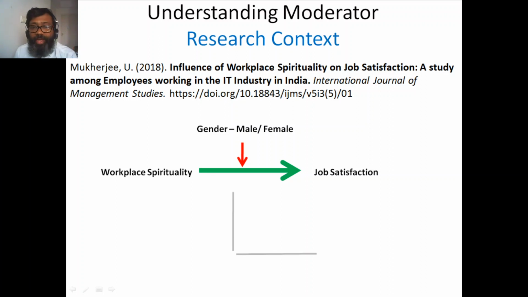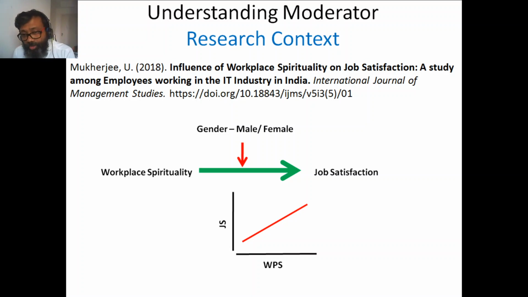Now how will I draw the diagram? I have my workplace spirituality on the x-axis, my job satisfaction on the y-axis, and here let's take red as the male. As the workplace spirituality increases, the job satisfaction level also increases.